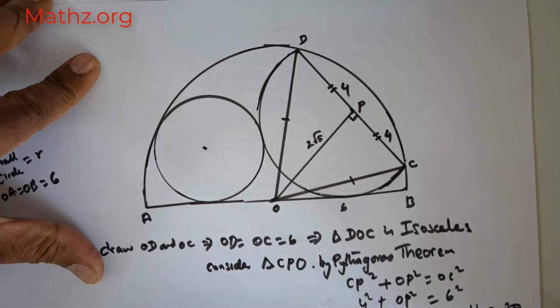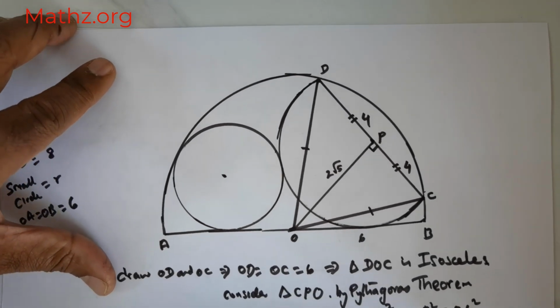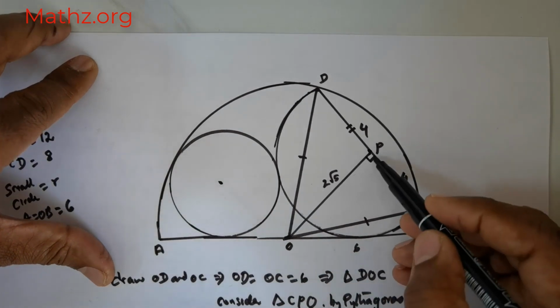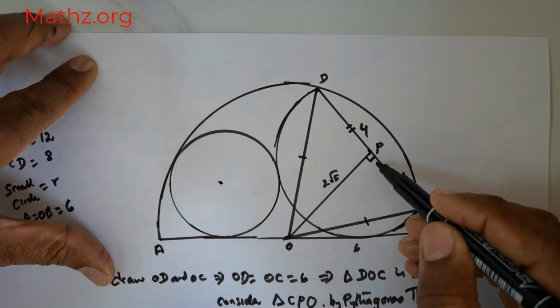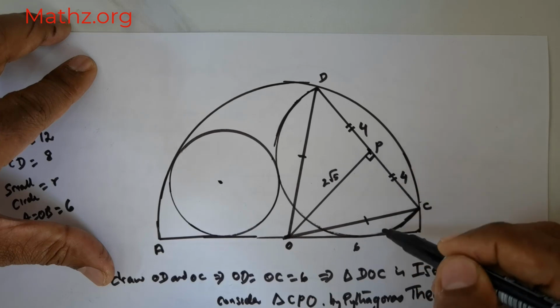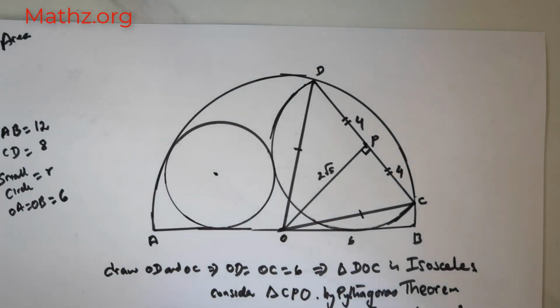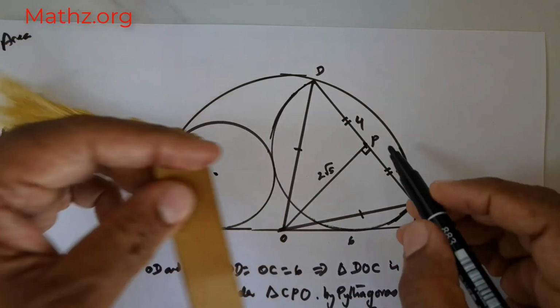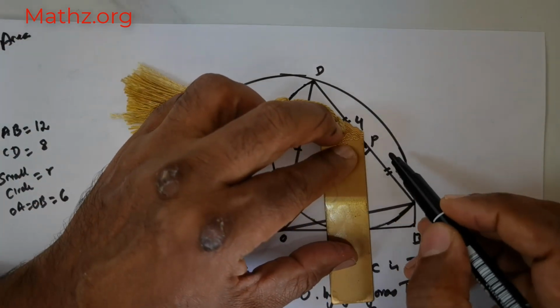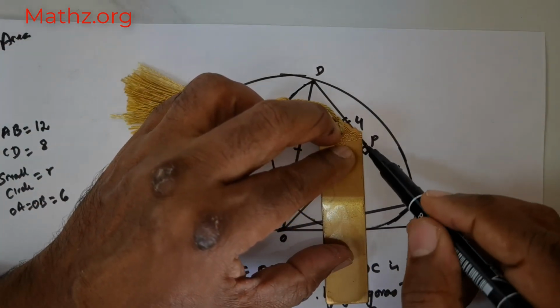Now what I wish to do is I would like to drop a perpendicular from this point to the base. Okay, can I do that? Now let me do that. Now this is the center of the semicircle. From the center of the semicircle I am dropping a perpendicular.